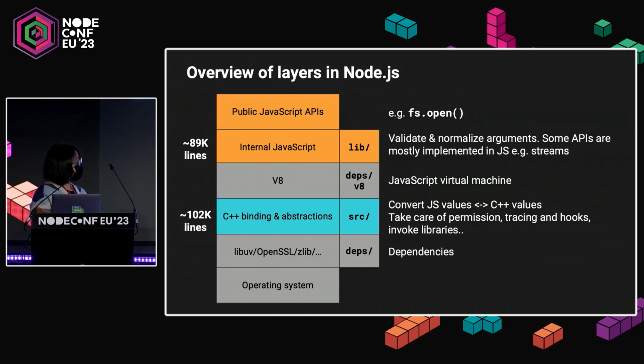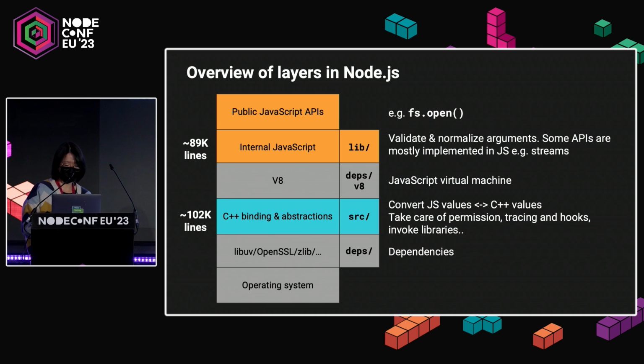A brief overview about the layers in Node. Most public JavaScript APIs in Node, like fs.open, are implemented with a layer of internal JavaScript. In the source code of Node, this is mostly under the lib folder, which currently contains about 89,000 lines of code. The JavaScript layer usually validates the arguments and normalizes them a bit before going to the native layer.